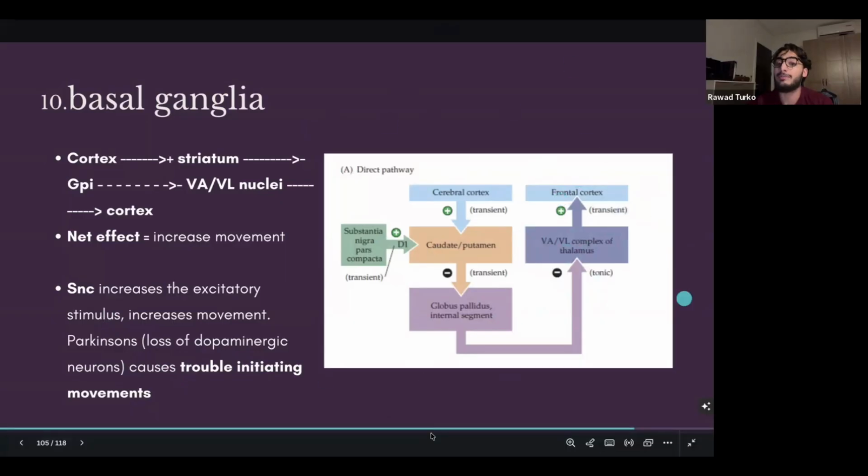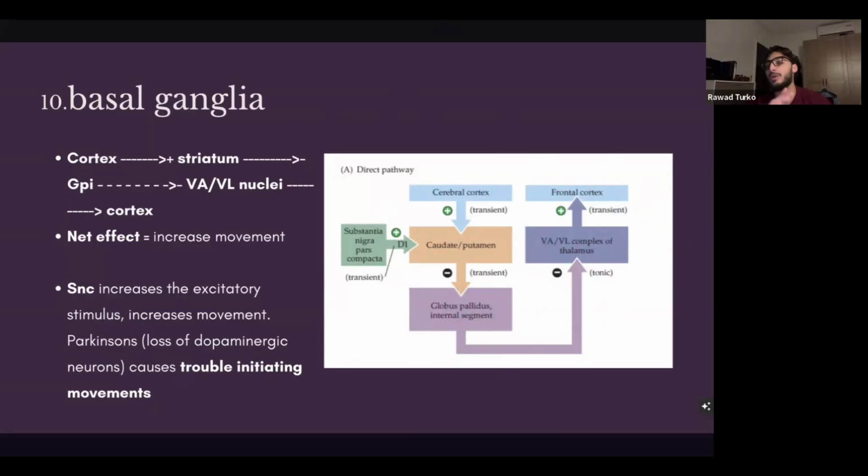Again, we want the direct pathway to be inhibited at rest, because at rest we don't want to be making random movements. But when we decide to initiate a movement, we want these dopaminergic neurons to excite the striatum, and that doesn't happen in Parkinson's disease, which is why one of the main characteristic findings of Parkinson's disease is trouble initiating movement. So this is the direct pathway.